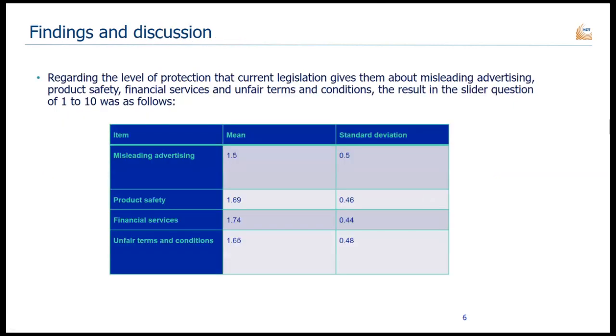Okay, so I'm going to share a little bit of the findings of our research, for example, in terms of misleading advertisement, product safety, financial services, and unfair terms and conditions. Regarding the level of protection that current legislation gives about misleading advertisement, product safety, financial service, and unfair conditions, the highest one found was financial service, with a mean of 1.74 and a standard deviation of 44%.